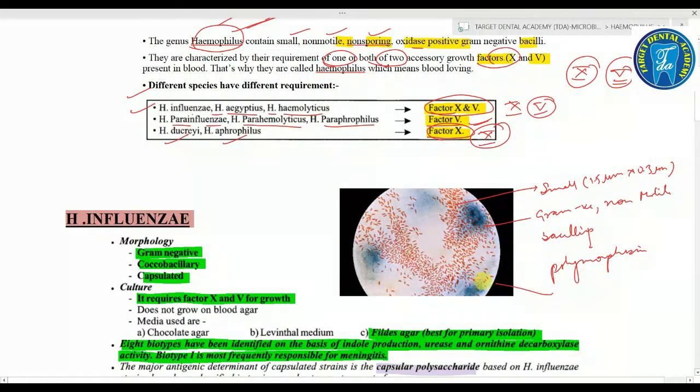Important point, these are non-sporing and non-acid fast. So the morphology: they are gram-negative, cocobacillary, capsulated bacilli.